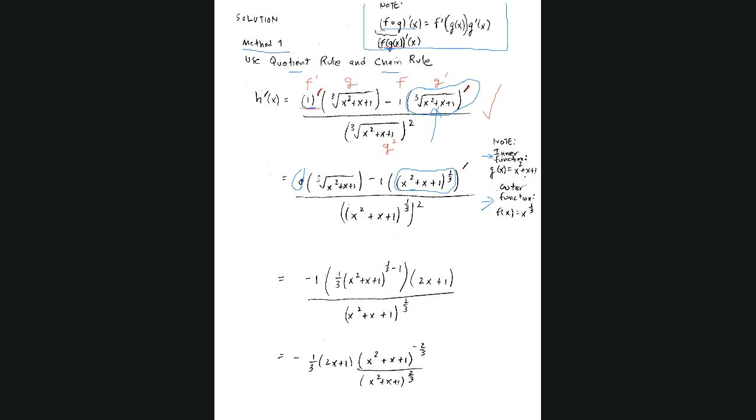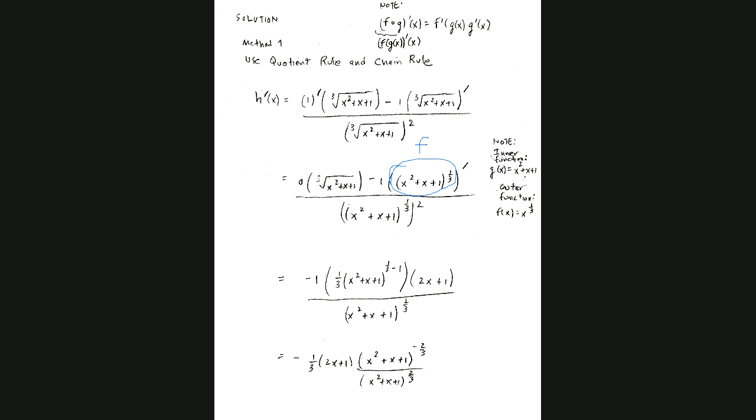Now I'm going to write this as f of g of x, but the f and g functions are not the same as what I used here. So maybe I'll do a little erase here. Okay, starting fresh, here's my x squared plus x plus 1 raised to the third power. I want to take the derivative of that.